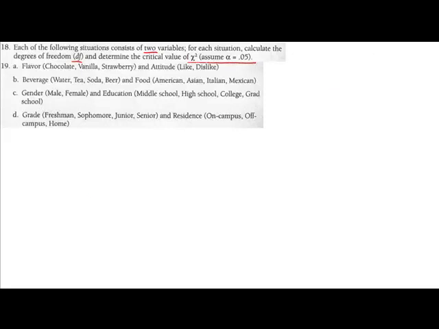So we are going to have something along the lines of, this is going to be a 3 by 2. To calculate the degrees of freedom, it's the number of rows minus 1 times the number of columns minus 1.